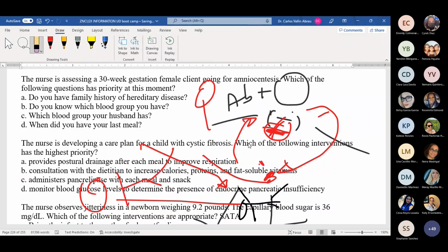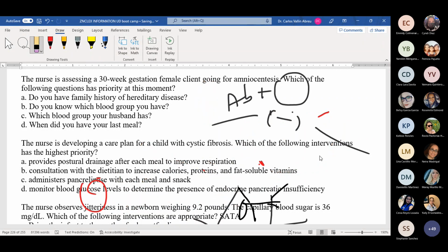So what is the role of this Rogan? The Rogan is hiding any positive red blood cell that could pass to the maternal circulation. So why do they give that in the middle of the pregnancy, just in case? And why do they give that at the moment of birth?